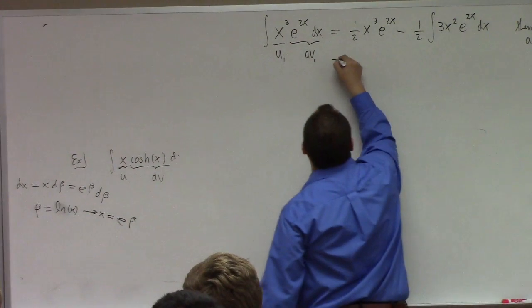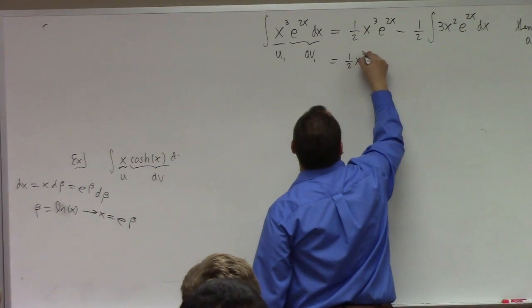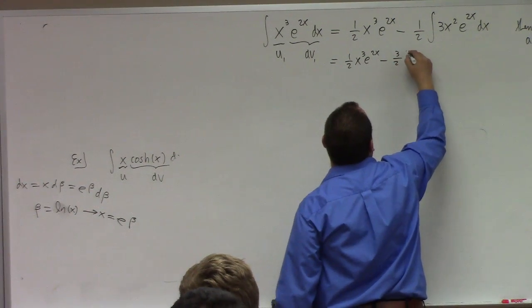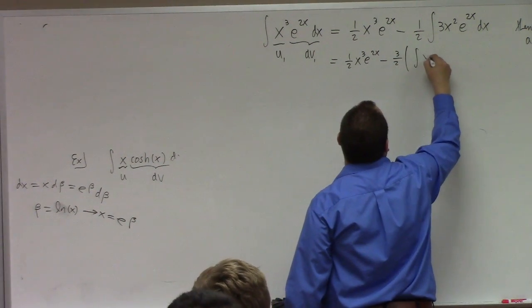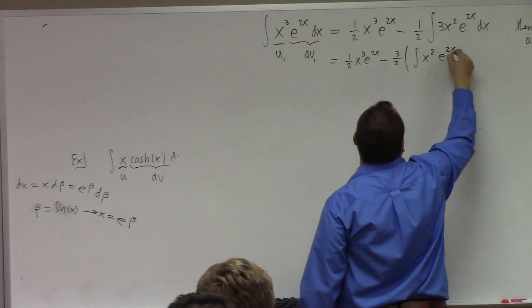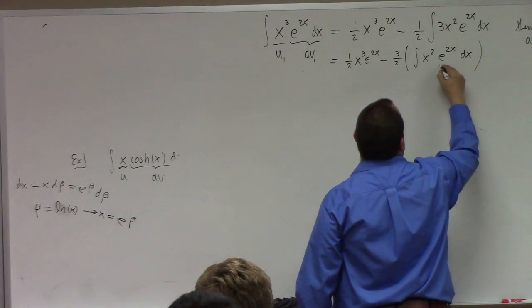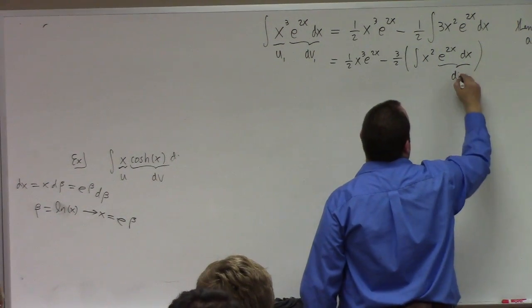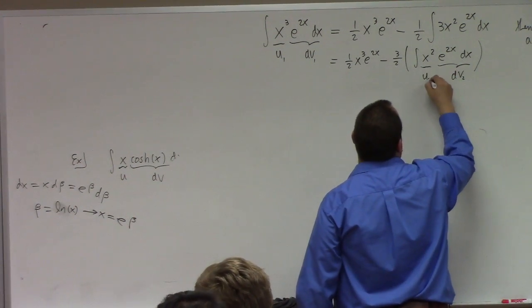Let's see here. I'll clean it up a little bit. What should I make my second? I should let this be dv2, this be my u2. What happens then?